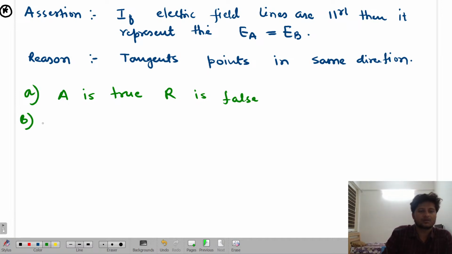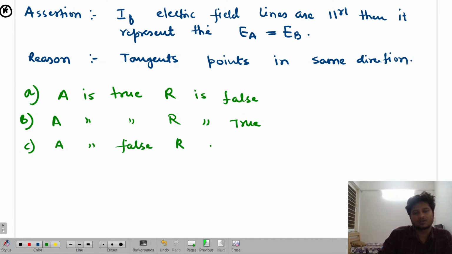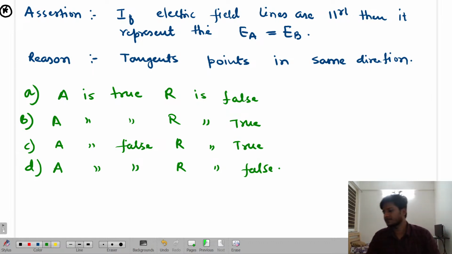Option B, A is true, R is also true. Option C, A is false, R is true. Option D, A is false, R is also false. Tell me which option is correct.